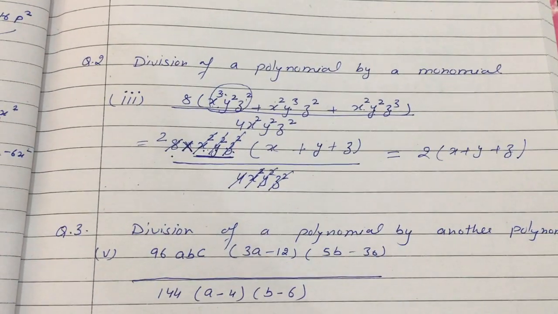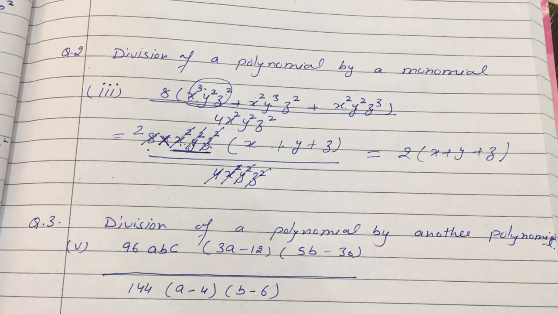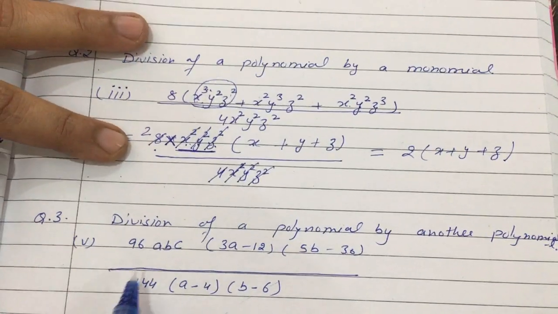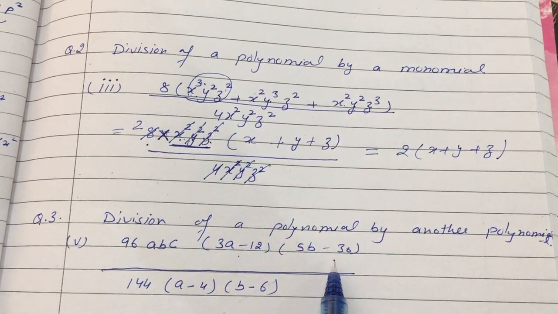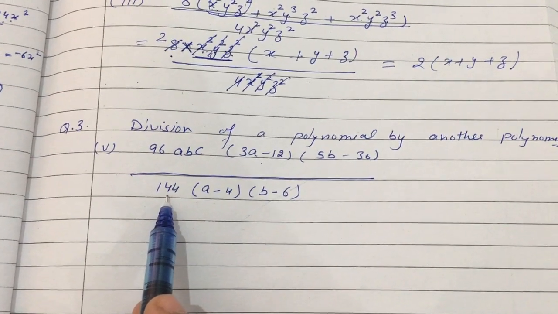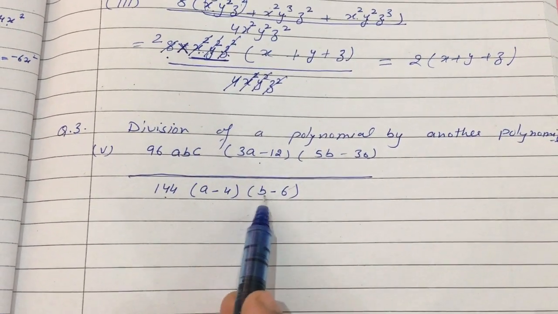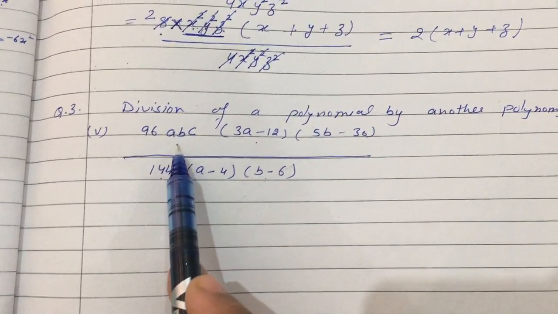Now the third concept, dividing a polynomial by another polynomial. See, we are observing here a monomial, here a binomial, and here a binomial. In the denominator also we have a combination of a monomial, binomial, and binomial. It means we have a product of three expressions.